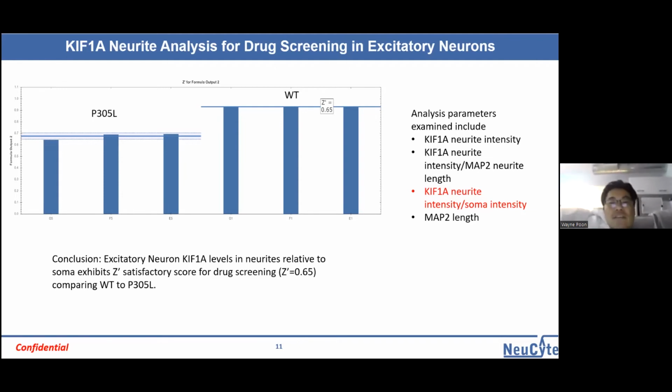And this confirms data obtained by other groups in which the KIF1A mutations exhibit impairment in how the motor protein actually traffics into processes. And so the ratio of the amount of KIF1A in the NeuCytes relative to the cell body seems to be a robust phenotype. We have a Z-score of 0.65, and that is a good score for an assay to move forward for drug screening.